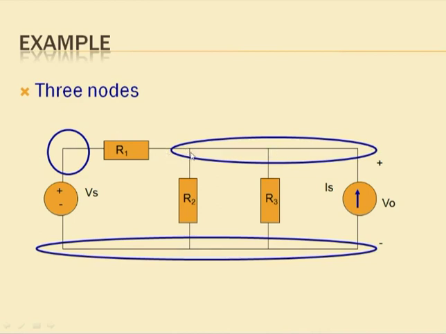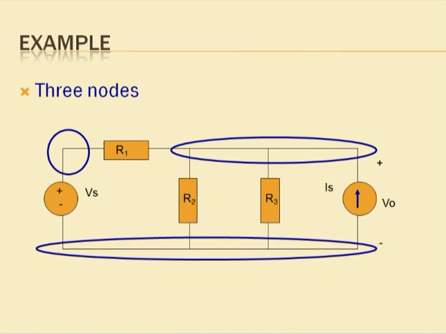Remember, it is not like that this is your second node, this is your third node and this is your fourth node. Okay, but it is like that as between these 2 points, no element is connected. That means both these points are common. Similarly, between these 2 points, no element is connected. That's why these 2 points are also common. So finally all this forms a common point, or you can say that it will form a node.